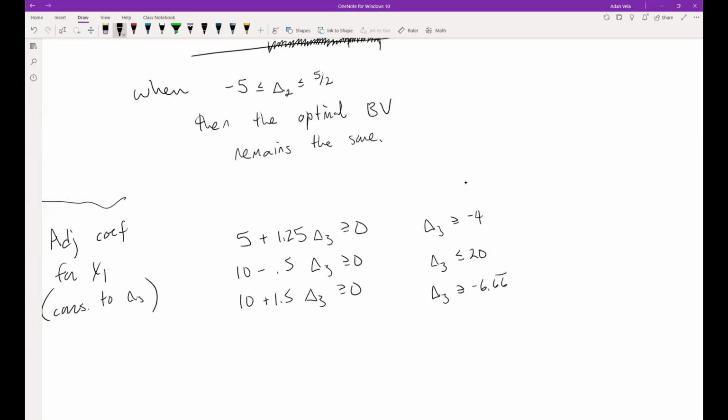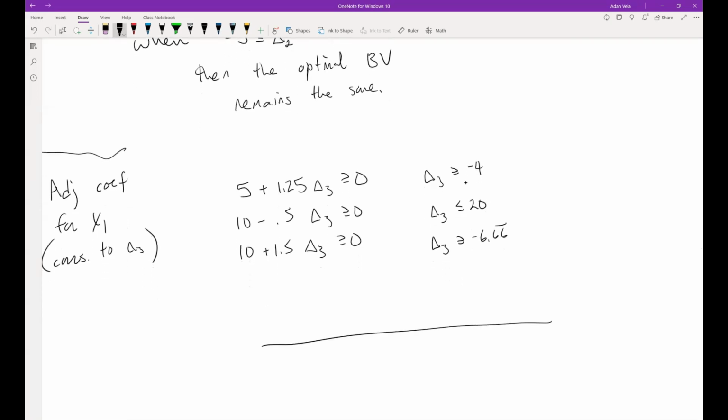So, sort of repeating. All right, so again, we can take the same approach with the number line. So we have 20, 0, negative 4, and negative 6.6. Now, it has to be the intersection of the three sets, right? So the first set is everything less than 20, right?